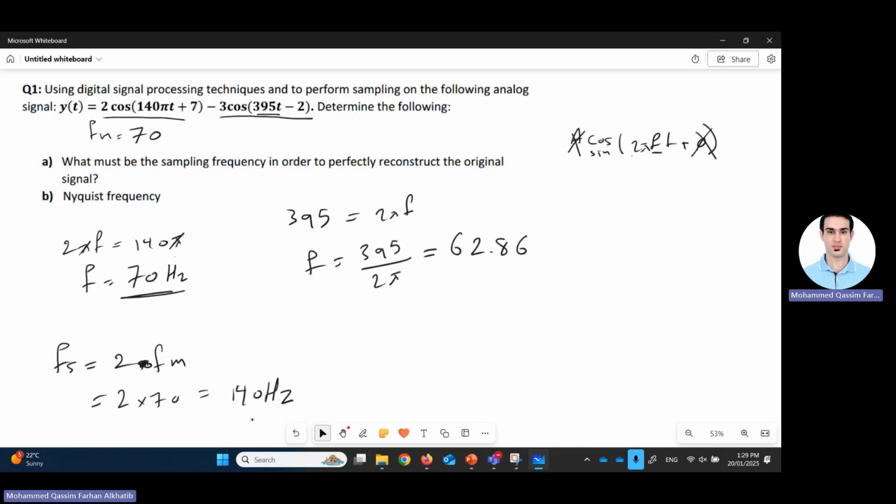That's the sampling frequency to have a good reconstruction of the original signal. Nyquist frequency is basically the sampling frequency, 140 hertz.